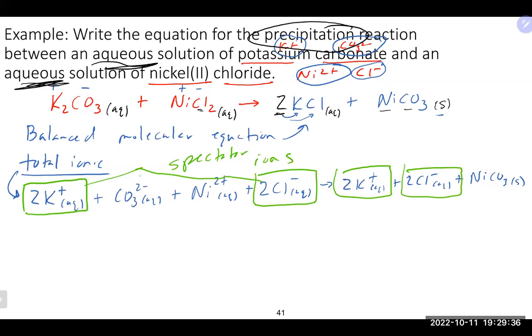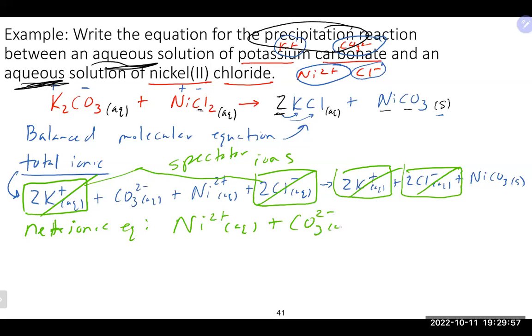Once again, we do just cross those guys out in our total ionic equation, and that is going to leave us our net ionic equation, which once again is pretty much what is happening in this reaction. And that is that the nickel ion is going to find the carbonate ion, and they're going to come together to form our solid, which once again, as we talked about, is really the driving force for why a chemical reaction takes place.